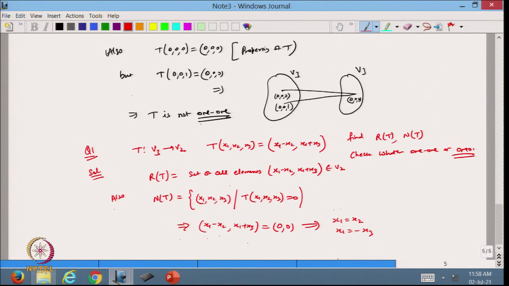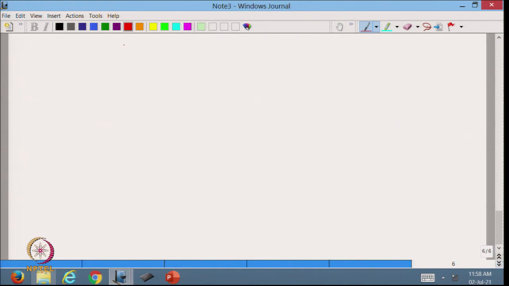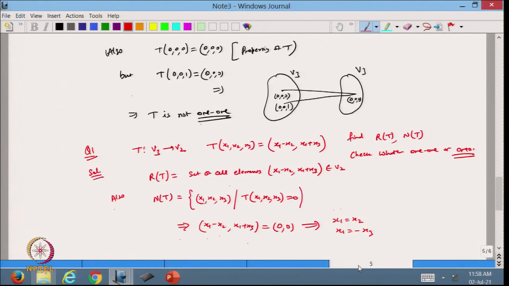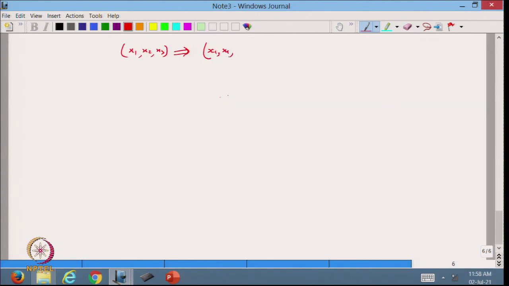So, I can define my elements (x1, x2, x3) as follows. Suppose x1 is there, so my x2 I can write as x1, and x3 will be minus x1. So, the kernel of T will contain the elements (x1, x1, minus x1), such that x1 belongs to the field R, that is the real line.